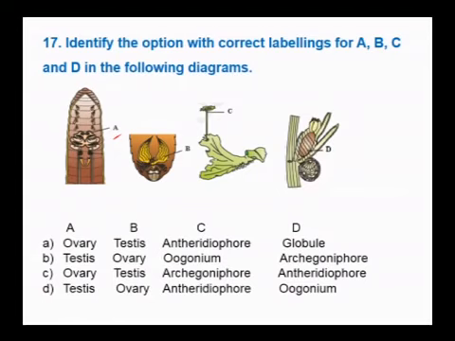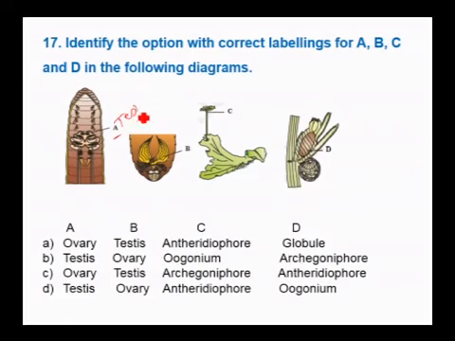It is a hermaphrodite, but it does not show self-fertilization. It goes only for cross-fertilization because testes mature earlier than the ovaries, the protandry condition. So, A is the testis.